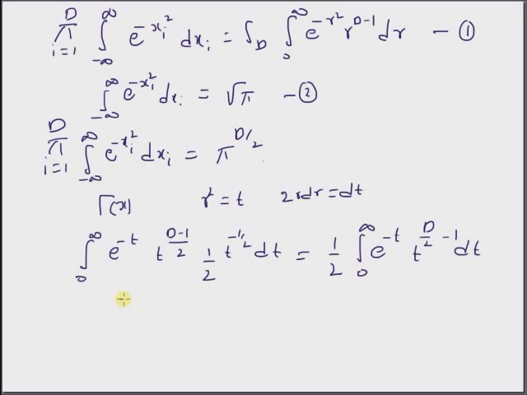So if you look at the definition of gamma function, this integral is nothing but gamma of d by 2, given that gamma function is defined as gamma of x equal to integral 0 to infinity e power minus u, u power x minus 1 du. So by comparing these two, you easily have this integral is equal to gamma of d by 2.